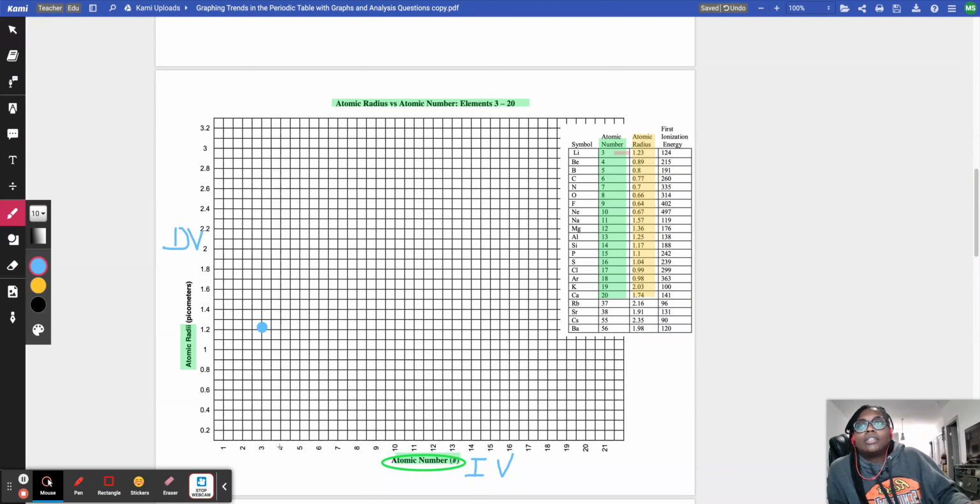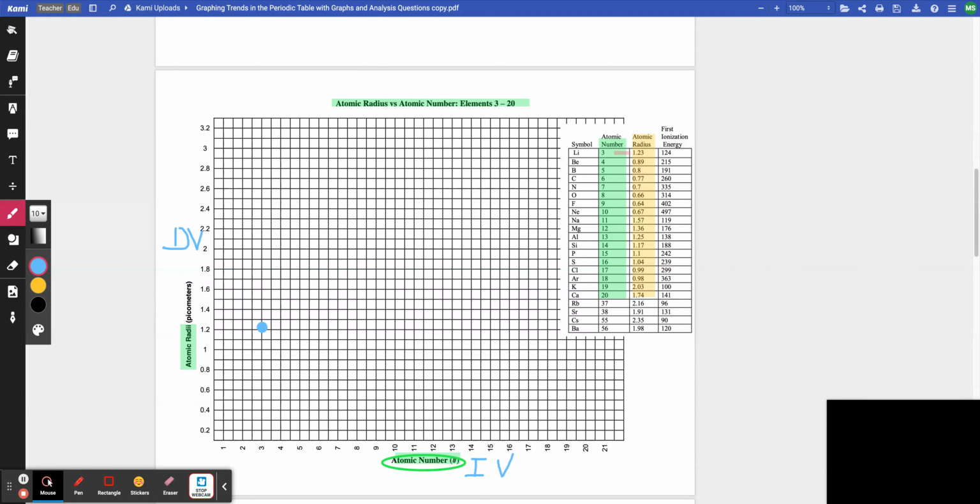We're going to go over to 4, right here, and go all the way up to 0.89, which is around right there.